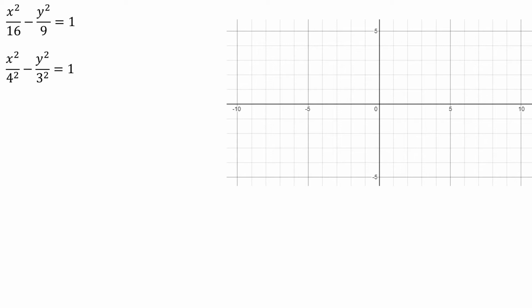I see a 4 squared, so I know I've got to go 4 units. So the vertices will be at (4, 0) and (-4, 0). And I can put those dots on my graph paper. So I've got a vertex at each of those 2 points, 2 vertices. Each one is a vertex.